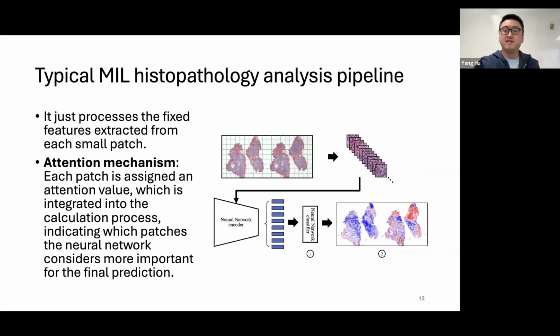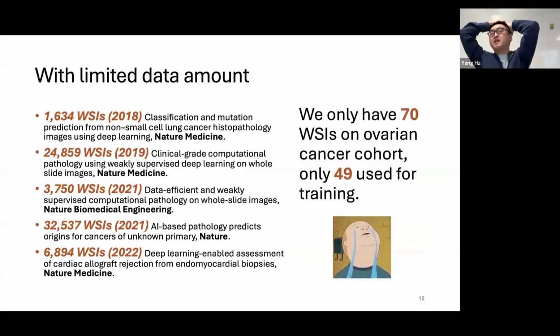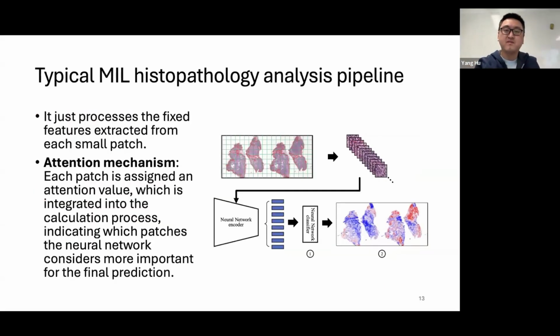That's why we have proposed another method. Before I introduce my method, let's quickly review the typical multi-instance learning histopathology analysis pipeline. Basically, typical multi-instance learning extracts high-level features from a pre-trained encoder, and that pre-trained encoder has fixed weights and cannot be optimized anymore.